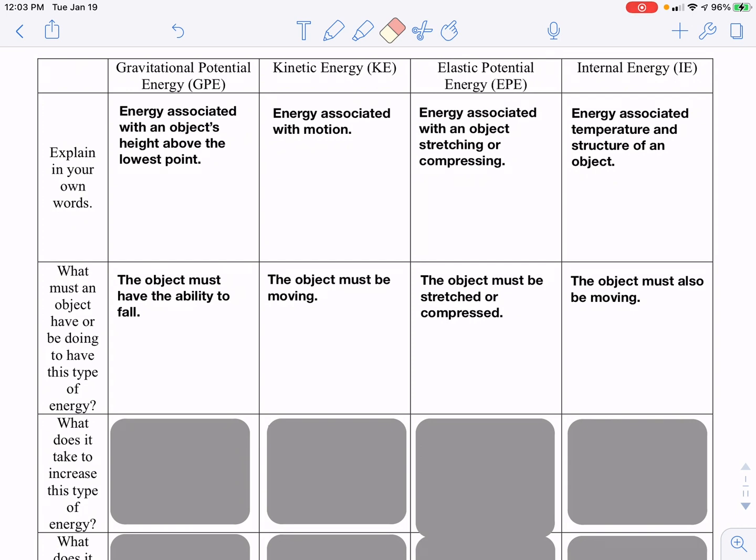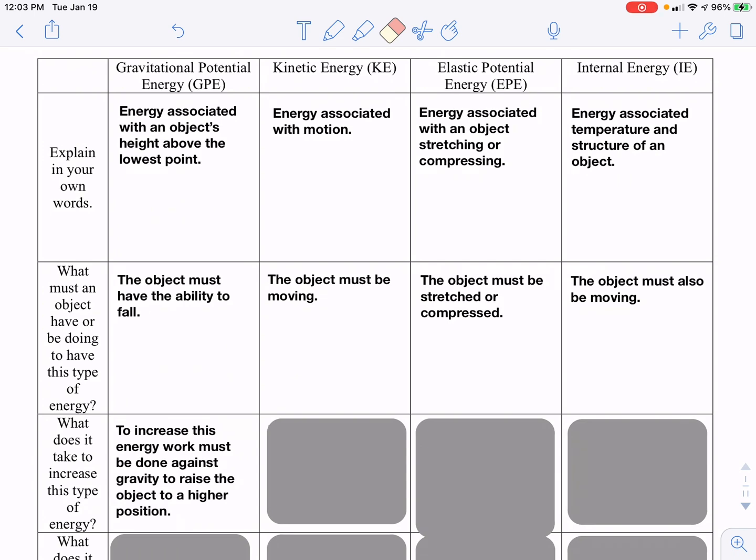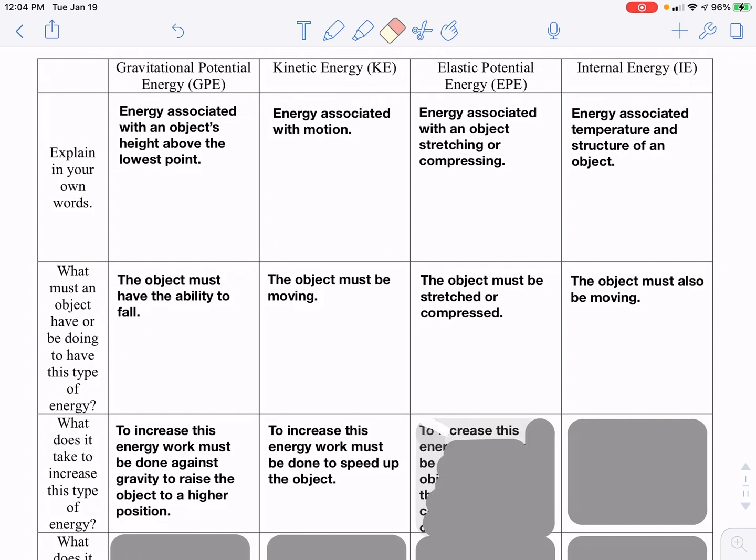What does it take to increase gravitational potential energy? Well, to increase gravitational potential energy, work must be done against gravity to raise the object to a higher position. What does it take to increase kinetic energy? Well, work must be done in order to speed up the object and accelerate it.